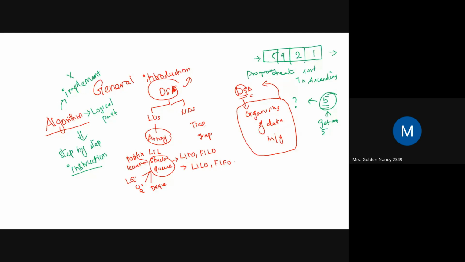So each one will get 5 in different ways, not only one way. Not everyone will give me 2 plus 3 to get 5. Some will give 8 minus 3, or 5 divided by 1, to get 5.